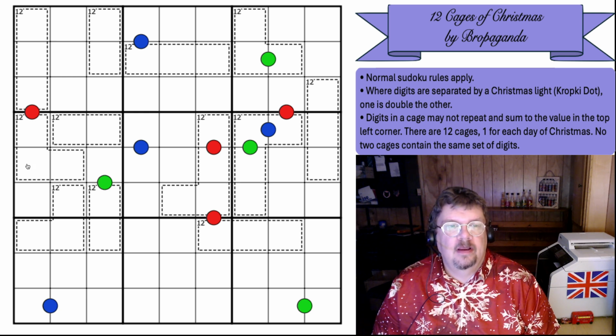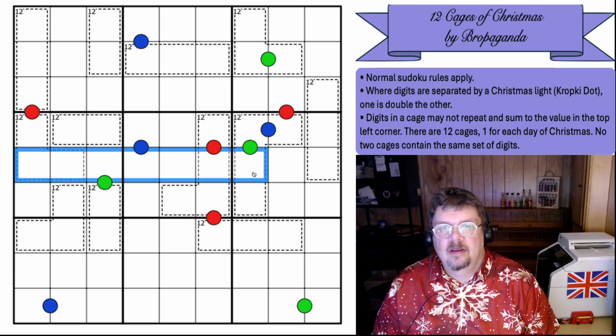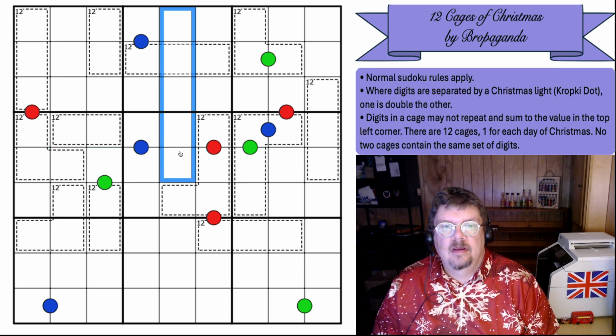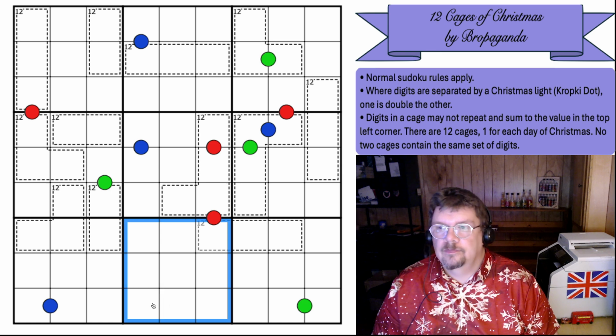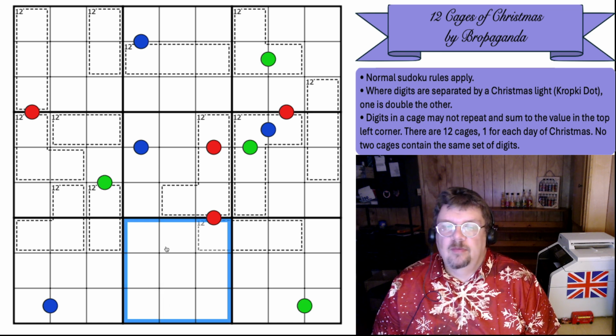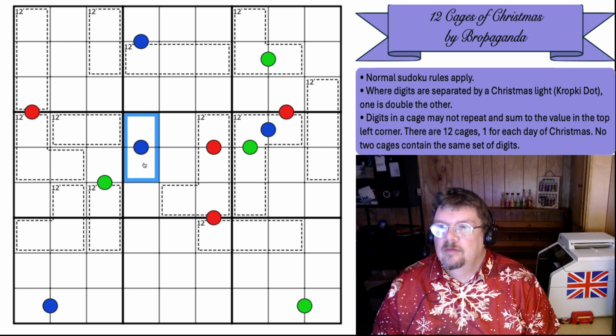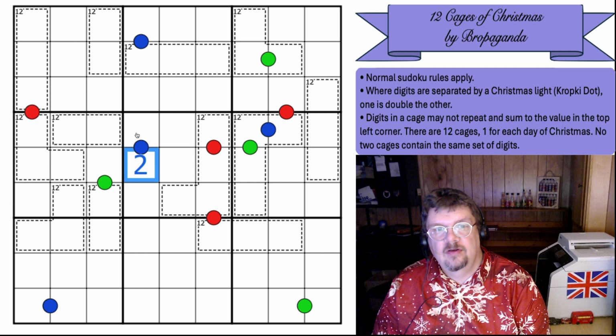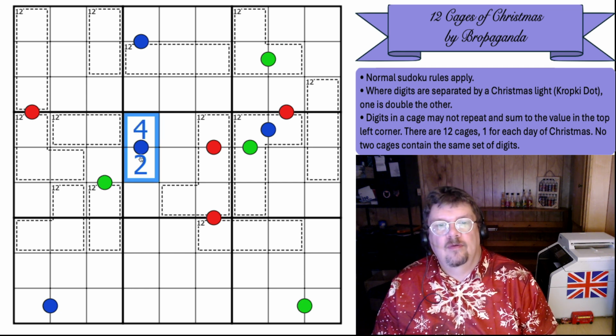Normal sudoku rules apply. So we're going to place the digits 1 to 9, once each in every row, every column, and every 3x3 box. Where digits are separated by a Christmas light, Kropki Dot, one is double the other. So if that were a 2, this would have to be a 1 or a 4.